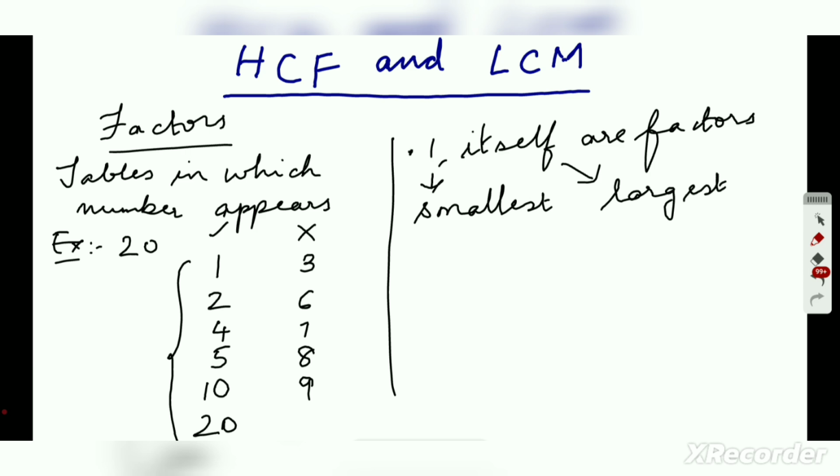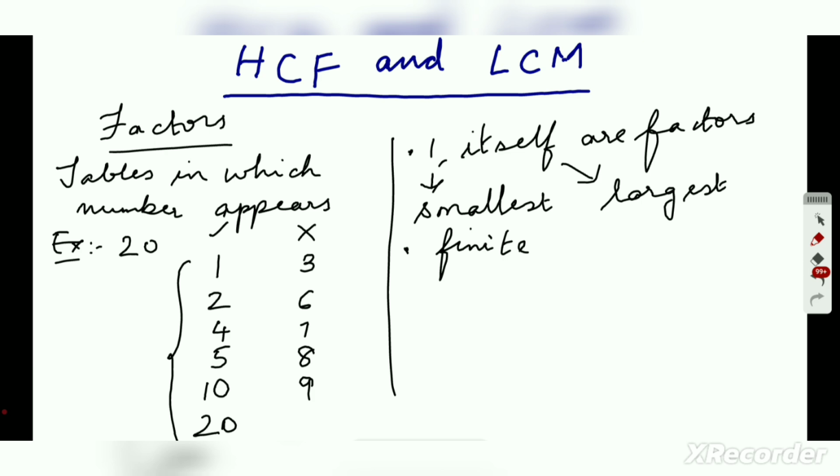The next thing is that factors are limited, they are finite. The number of factors of any given number is always finite, because the number itself is the largest factor. It cannot go beyond that, so there is no chance of the number of factors becoming infinite.